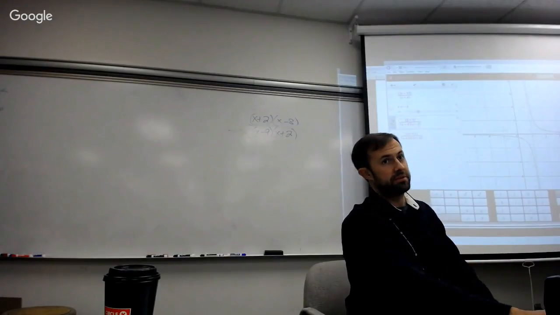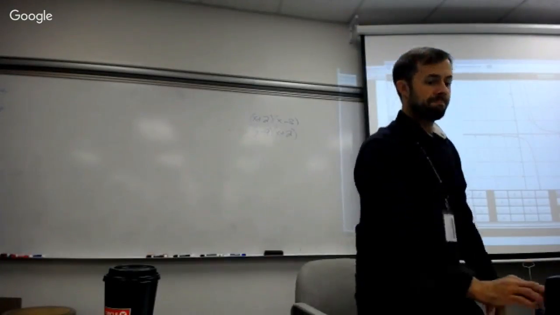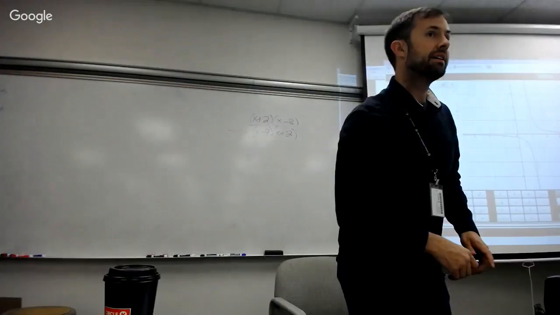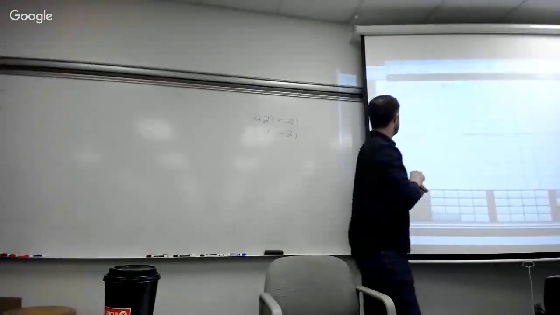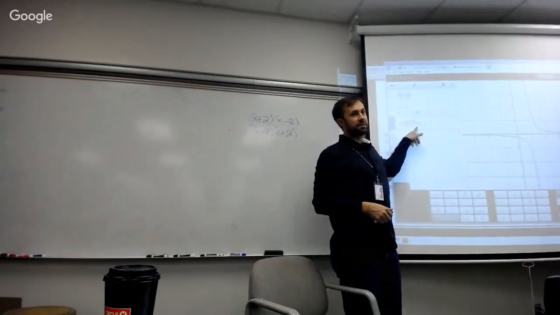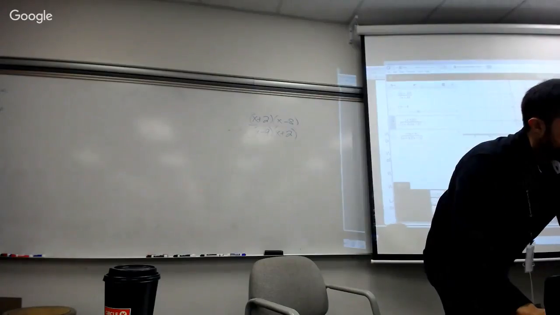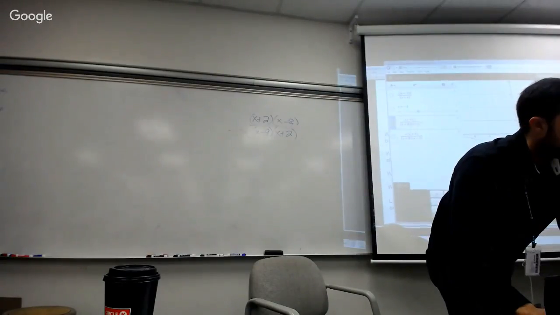So what's the difference? Why did one of them cause a hole and one of them cause an asymptote? It could be the sign. You could say, well, anytime it's x plus 3, it's a hole, and anytime it's a minus number, it's an asymptote. But that's not really true, because I could change that to negative and change that to plus, and then change that to negative.